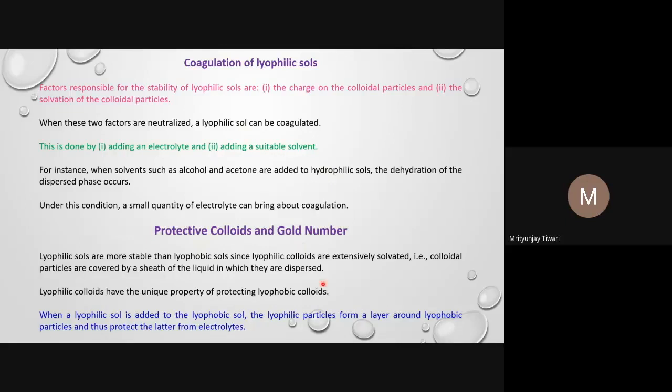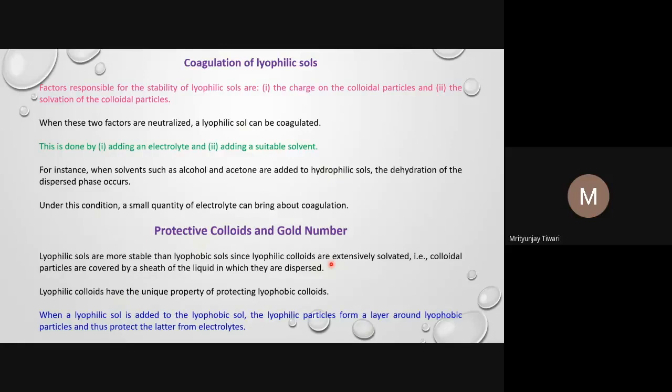The reason for this is the extensive solvation of lyophilic colloids. That is, colloidal particles are covered by a sheath of the liquid in which they are dispersed. So the liquid already covers the colloidal particles, and because of that, lyophilic colloids are more stable.